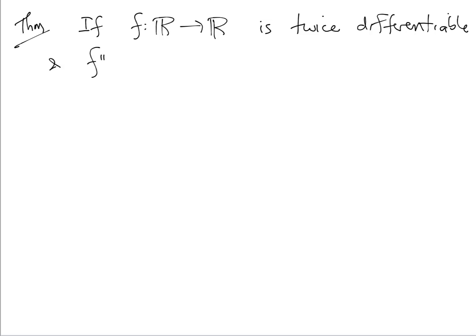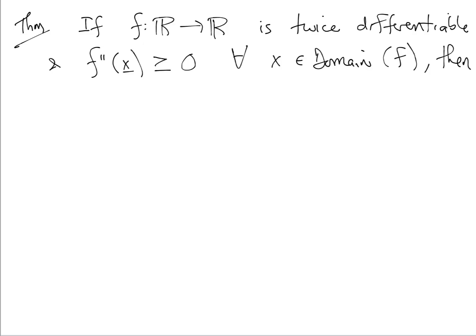Now, along those lines, we can say, as a theorem, if f, say, is just an ordinary function of one variable, is twice differentiable, and f double prime of x is greater than or equal to 0, say for all x in the domain of f, then f is convex.